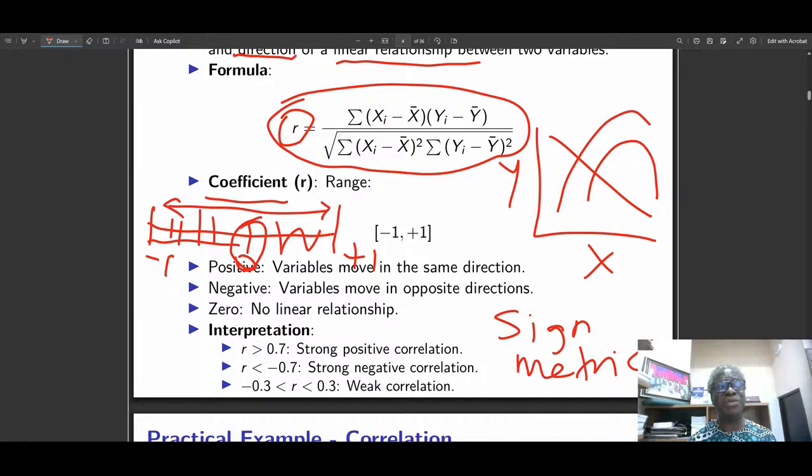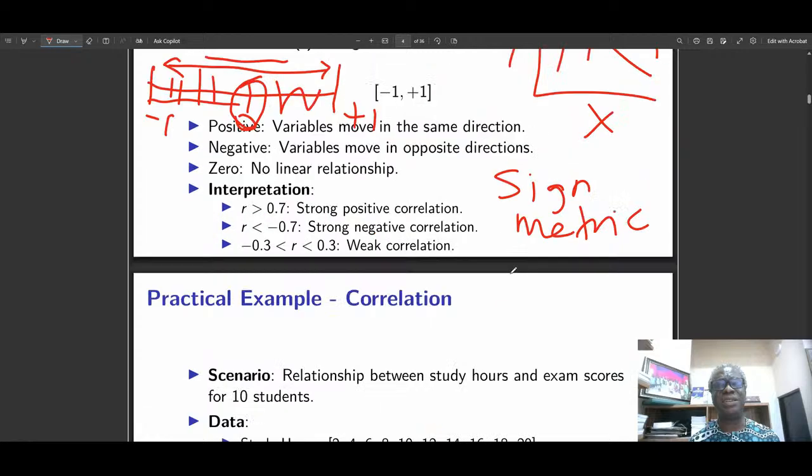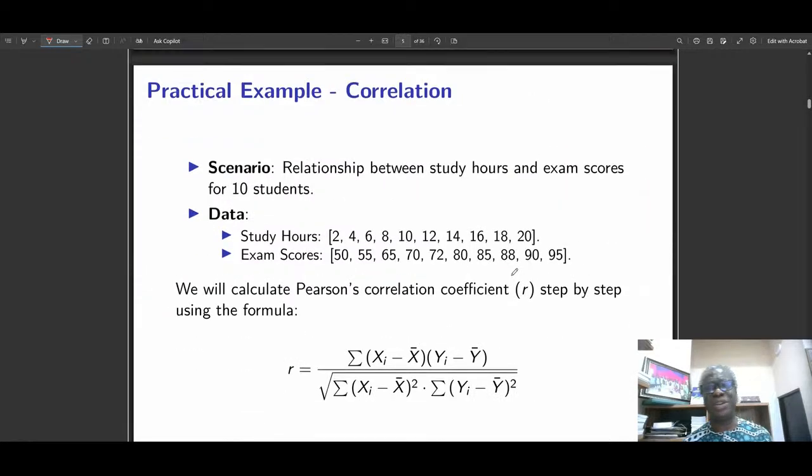Correlation helps you, one, to know the direction, and also to know the strength of the relationship. That takes us to look at an example, to further drive home this discussion.